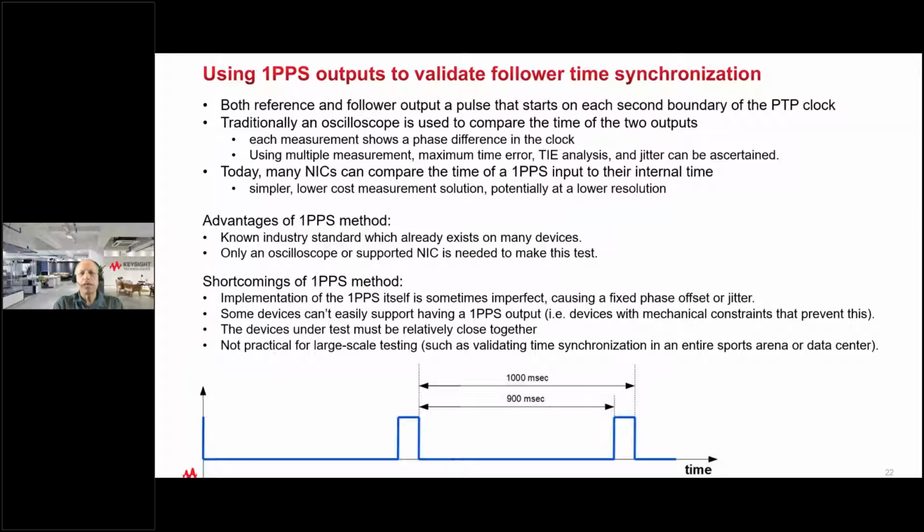We see in many cases where there's a fixed offset or jitter for the 1 PPS output. For example, we often see cases where the 1 PPS itself is generated using a different clock than the PTP clock, causing some kind of, I'll describe it as aliasing, when it's transferring the information between the clocks.